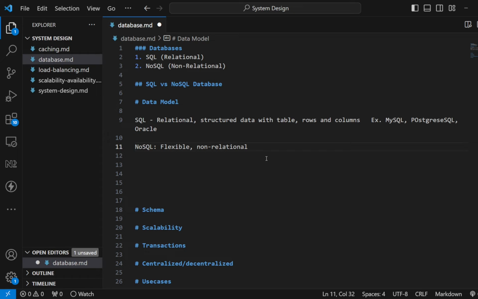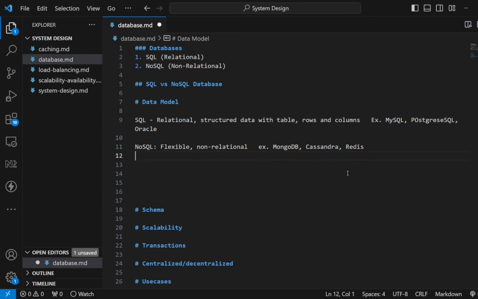Examples: MongoDB, Cassandra, Redis. These are examples of NoSQL databases.